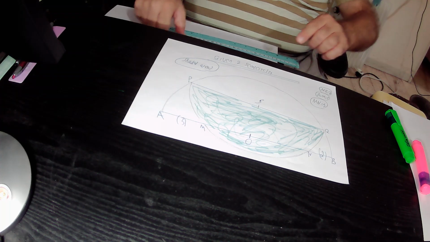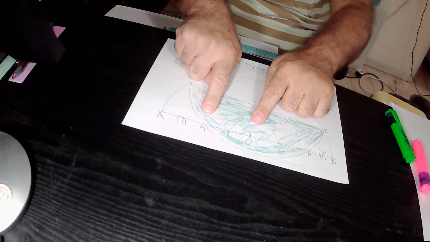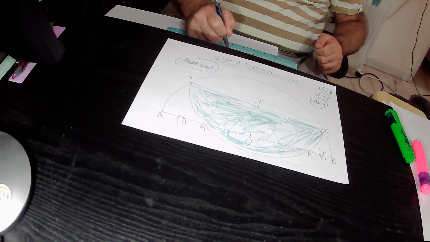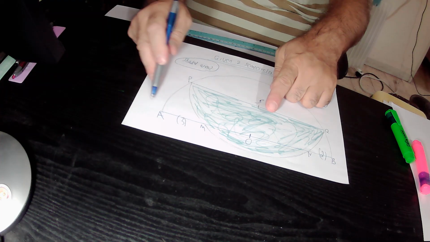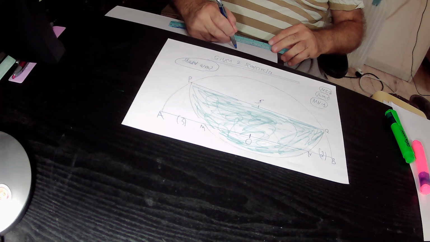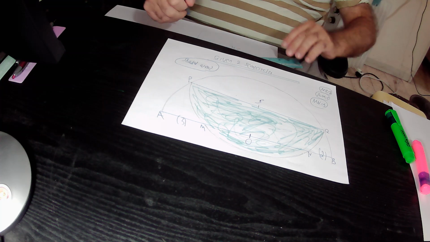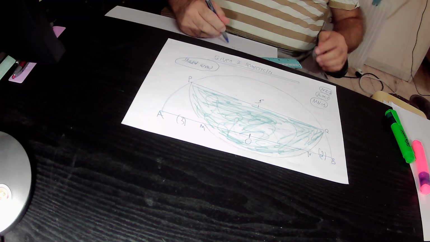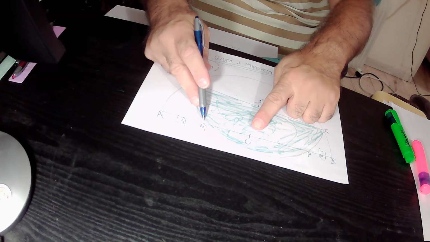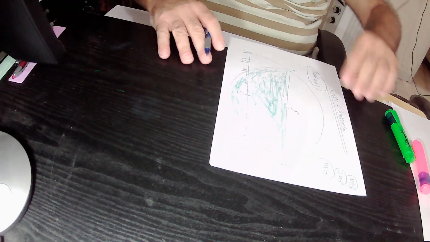From the drawing, it is very easy to see that MO equals AO minus AM. So MO in total equals AO, that is the radius of this big semicircle, that is 4, minus AM. AM is 3. So in total, you should find that MO equals 4 minus 3, that is 1. So MO equals 1 unit in its length.